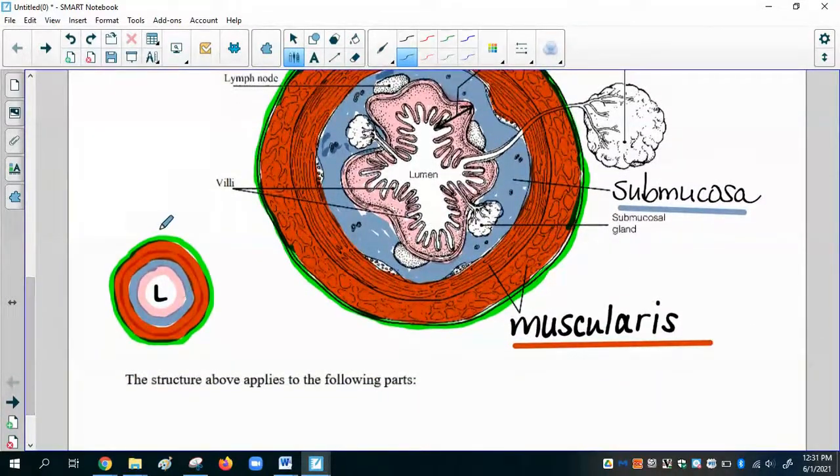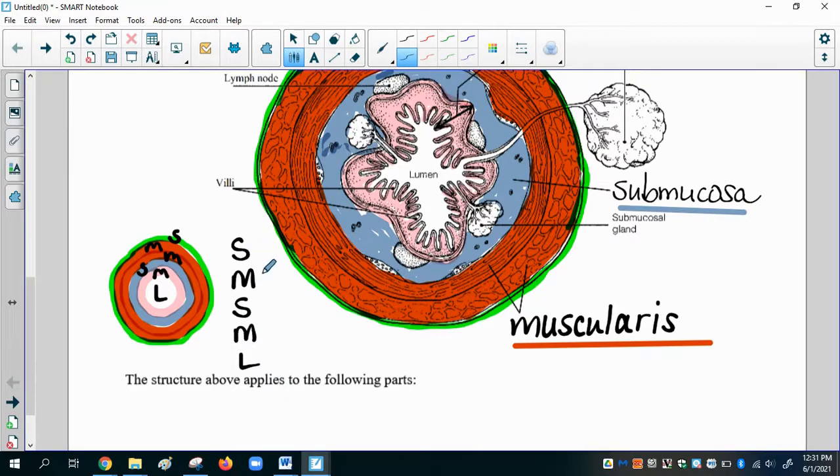So quick review, we have our serosa on the outside, 2 layers of muscularis, then we have the submucosa, then we have the mucosa. So notice our pattern goes like this. And then we have the lumen.